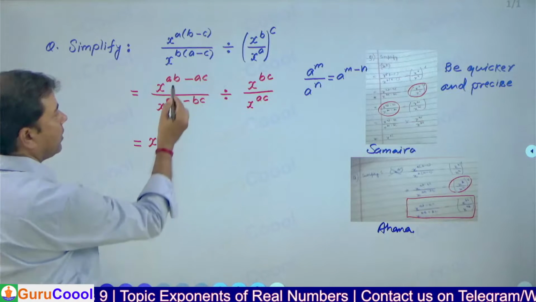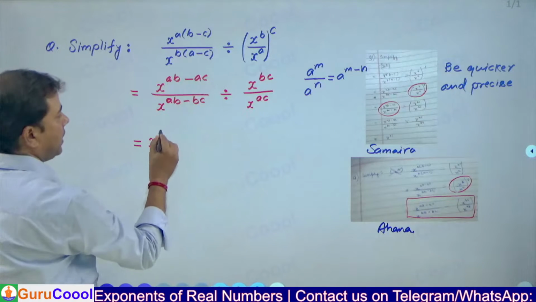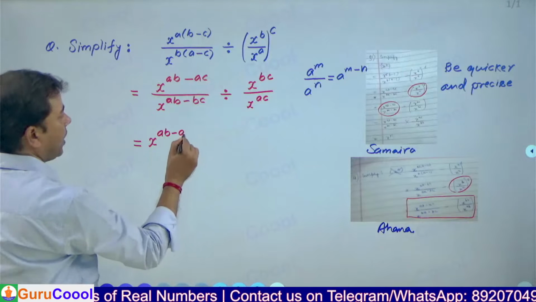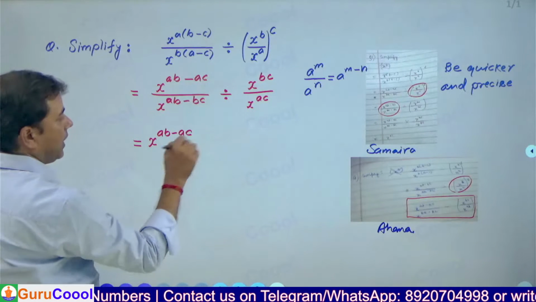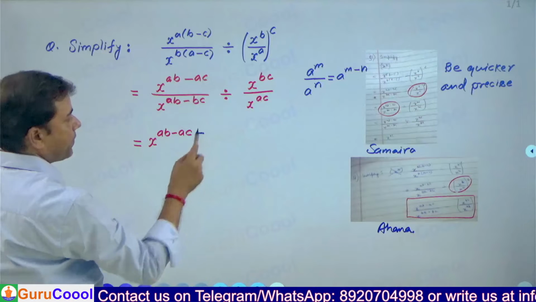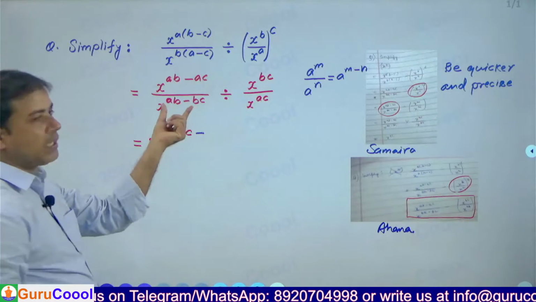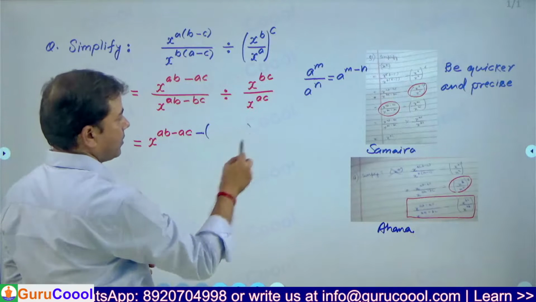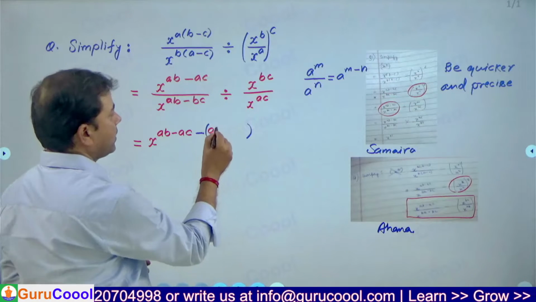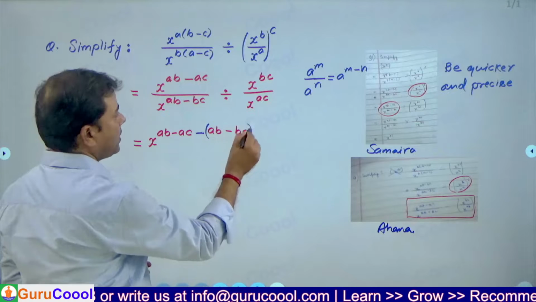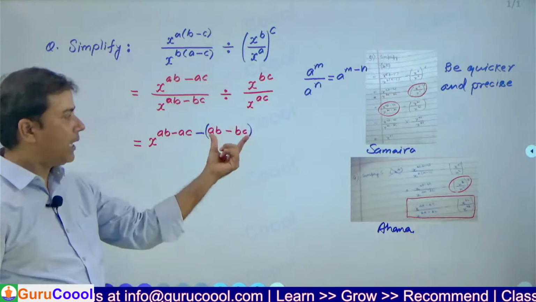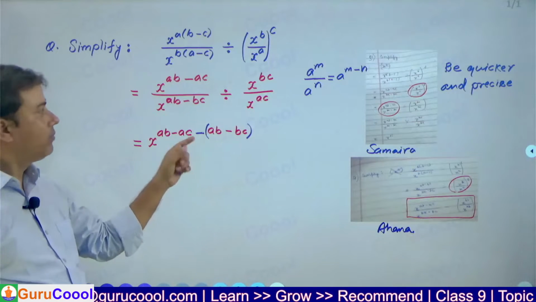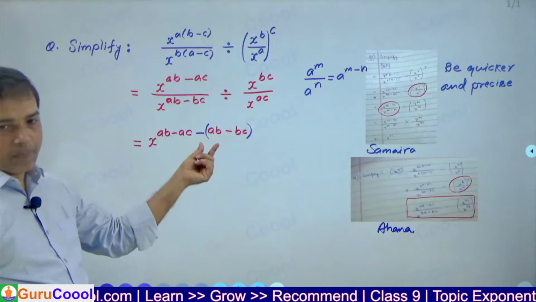x raised to the power numerator's power ab minus ac, and then I'll subtract the denominator's power. The denominator's power is ab minus bc, and don't forget to put the bracket if it is a minus sign, if you have to subtract an expression.